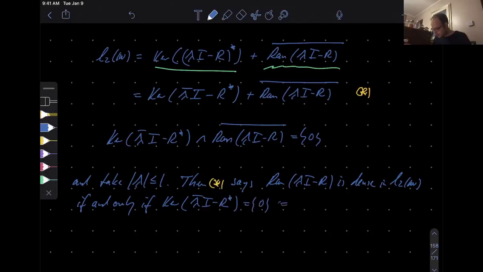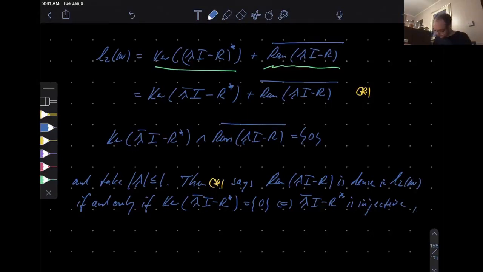But this means precisely that lambda I minus R star is injective, right? So if and only if lambda bar is not an eigenvalue of the adjoint of R, the left shift.